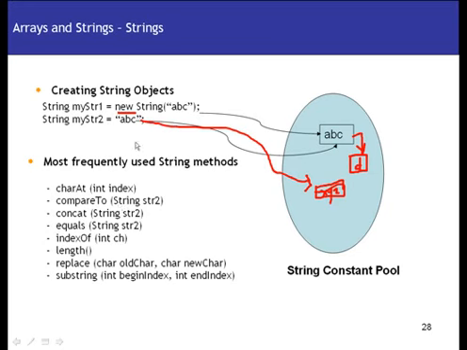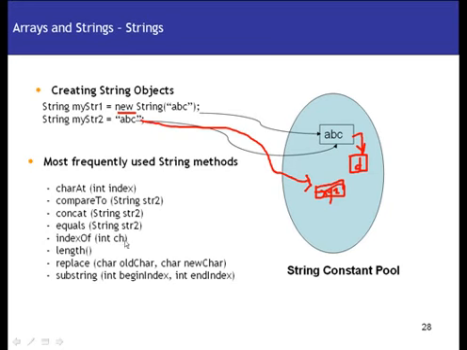Okay. So this is a list of the most frequently used methods in strings. charAt says what character is present at this particular index. Again, the index starts from 0 for strings as well. compareTo, you're comparing one string with another. concat, you're concatenating two strings. equals checks whether two strings are equal or not. indexOf checks what's the index of this particular character, right?